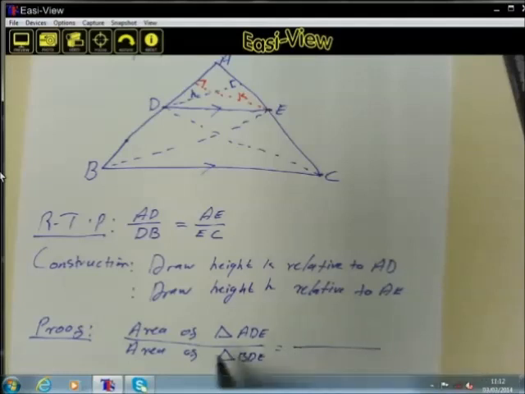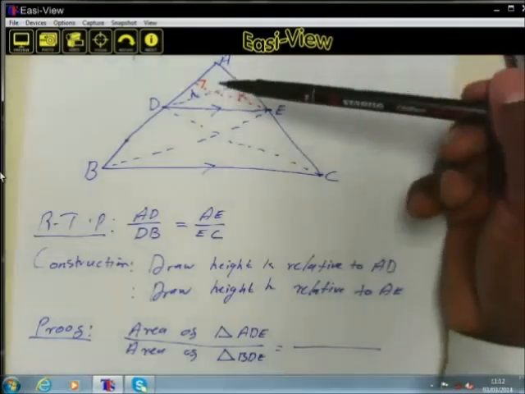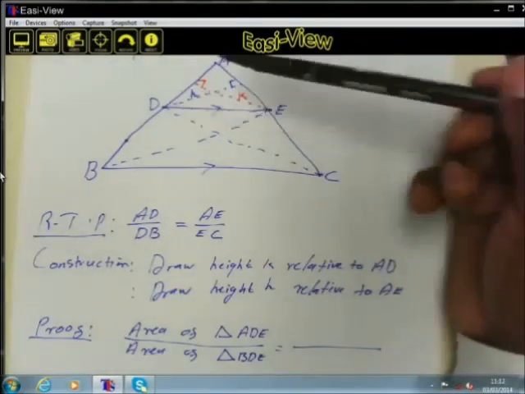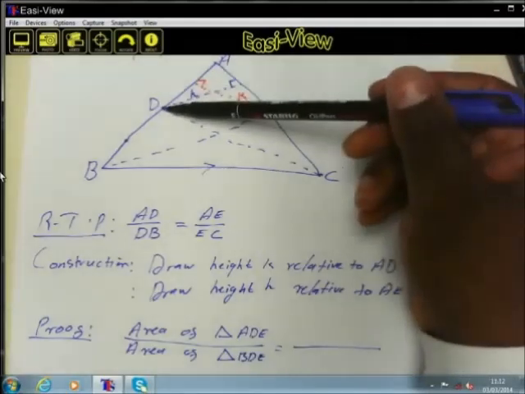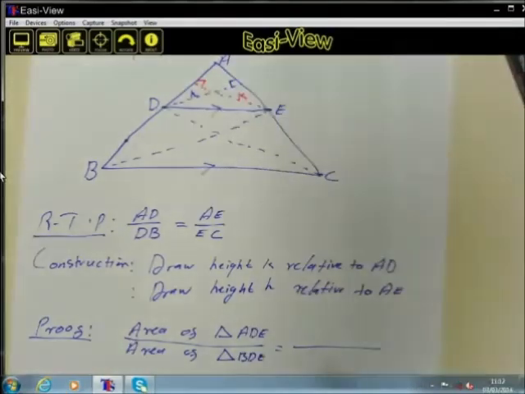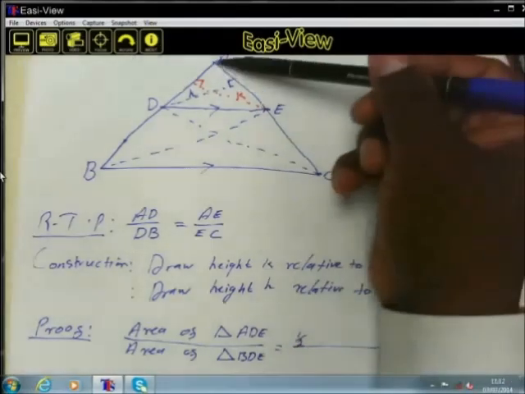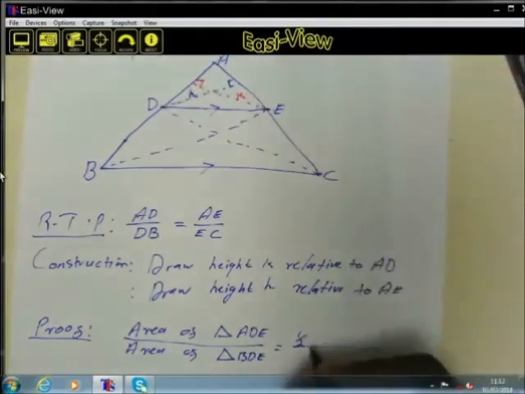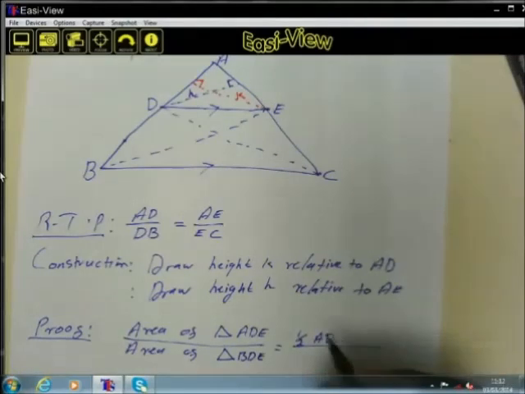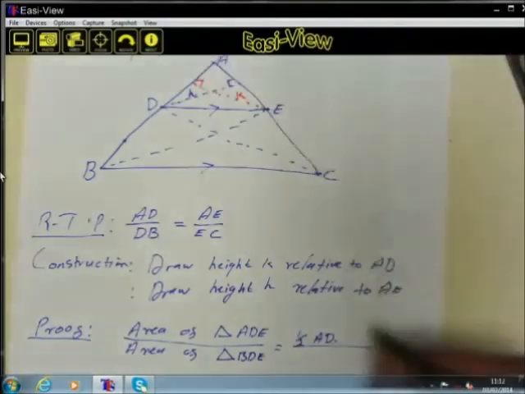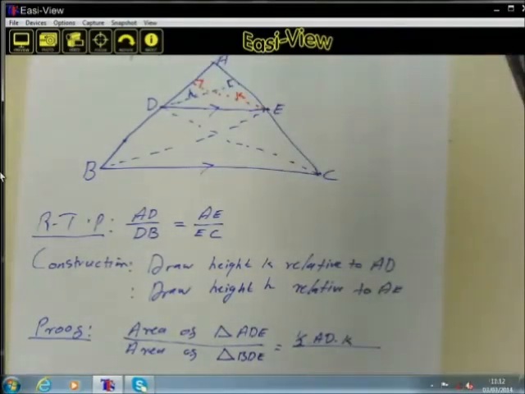This is equal to the area of triangle ADE. Remember, area of a triangle is half base multiplied by height. Look at triangle ADE such that AD becomes our base. So the formula will be half base, we choose AD as a base, so half AD times height. Height in this case will be K.